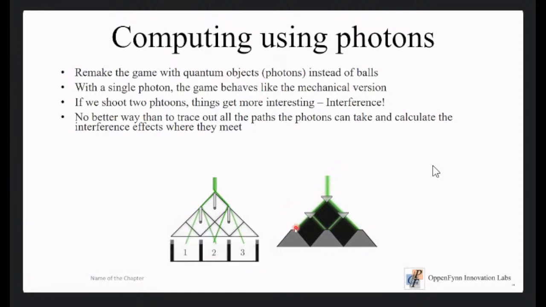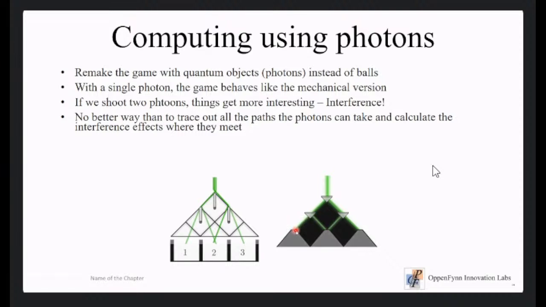So let's say I want to calculate whether the photons interfere constructively or destructively at this point. The only way I can know that is by actually calculating the possible paths that the two photons can take.